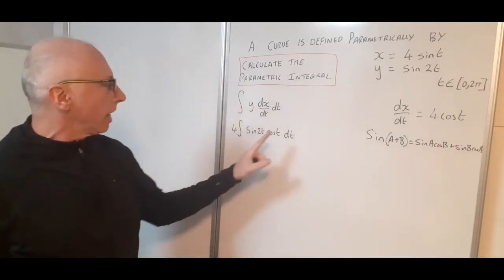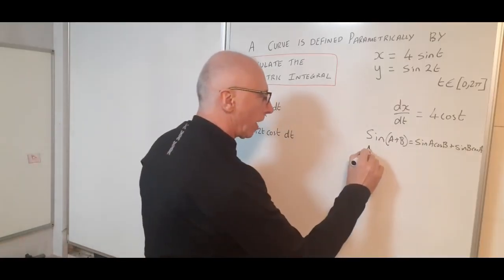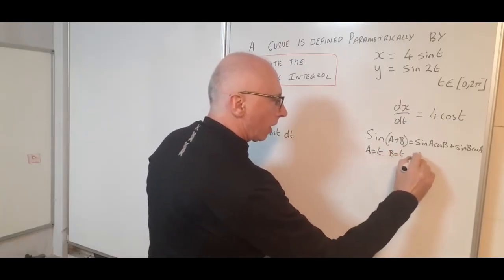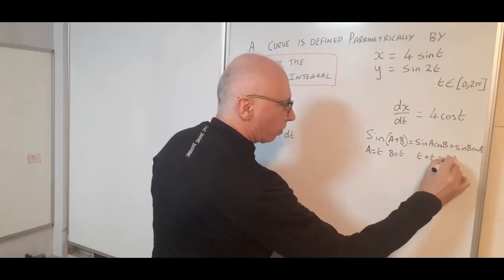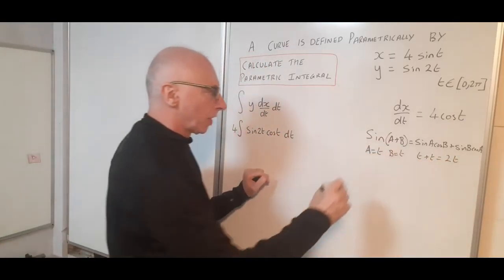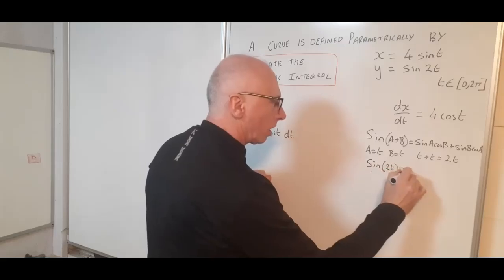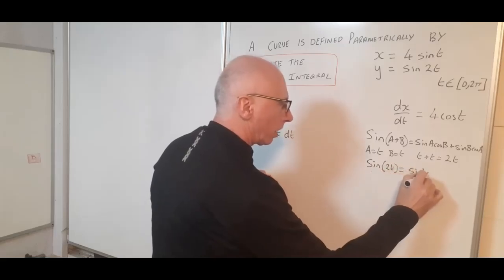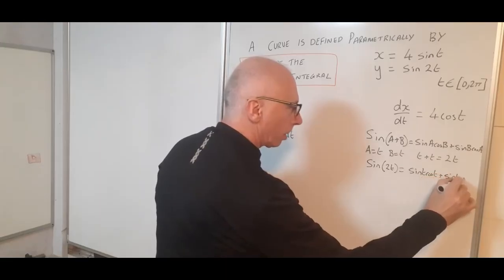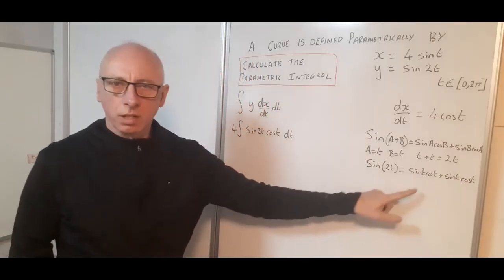If I let a and b equal t, because t plus t is 2t, that will get me my sine 2t. So then our identity becomes sine 2t equals sine t cosine t plus sine t cosine t. So that's obviously 2 sine t cosine t.